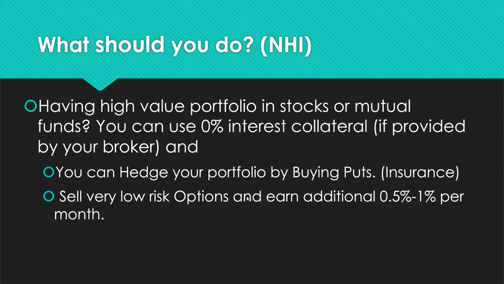If you have a portfolio worth 7.5 lakhs to 10 lakhs, you will get 70 to 80% of this value as collateral. So closer to 5 lakhs you'll get. You can use this money to create a hedge in your portfolio by buying puts to insure your portfolio against a deep fall in the markets.